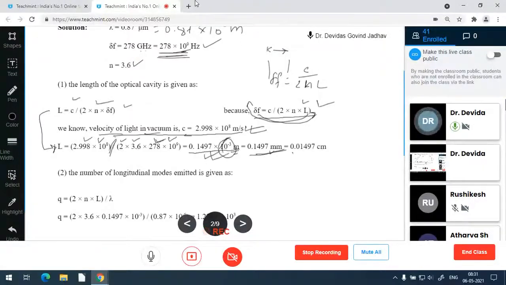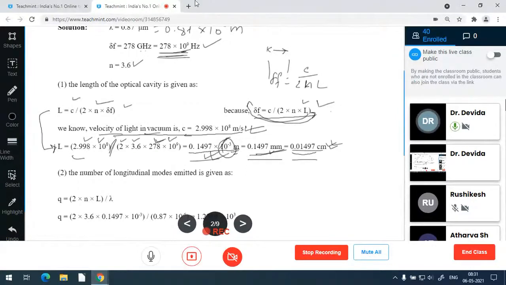as 0.01497 centimeter. So this is the L, that is 0.1497 into 10 raised to minus 3 meter, or 0.1497 millimeter, or 0.01497 centimeter.